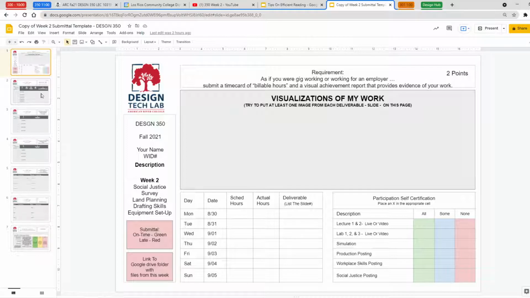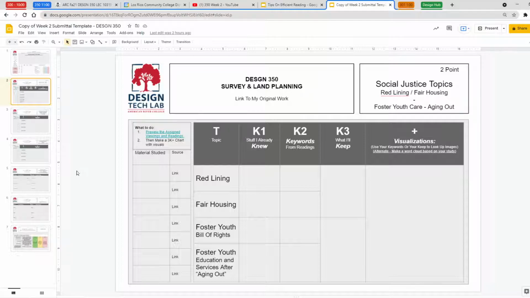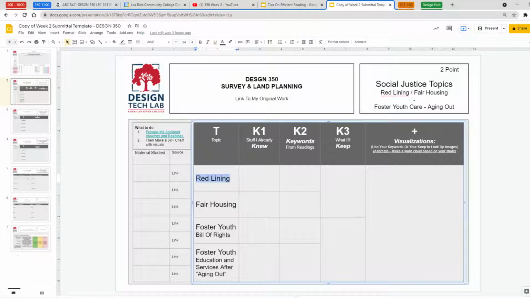Get this one done. Now look at this one. This is called the 3K chart. Okay. That's not a KKK chart. That doesn't sound very good. It's a 3K plus. Okay. And for each topic, redlining. Right off the bat, you would write down what you already know.